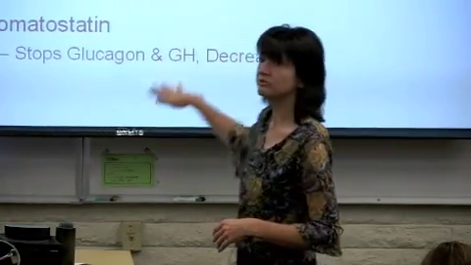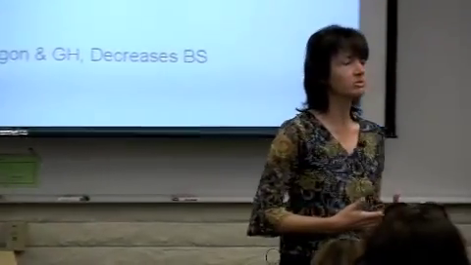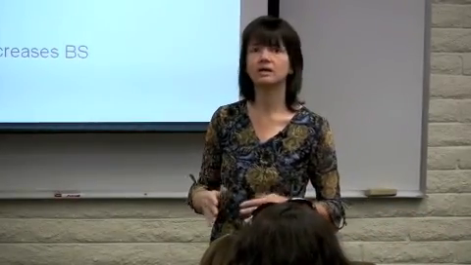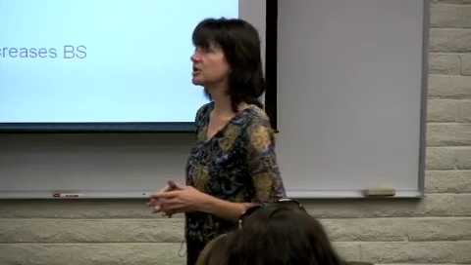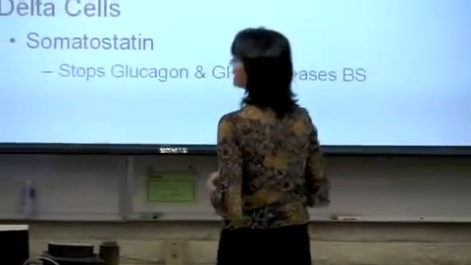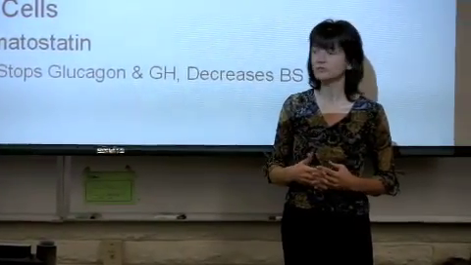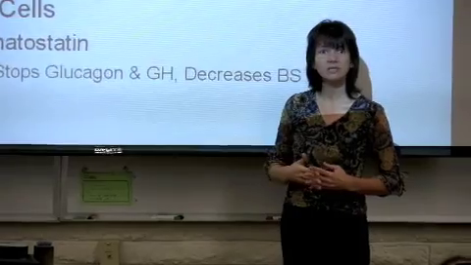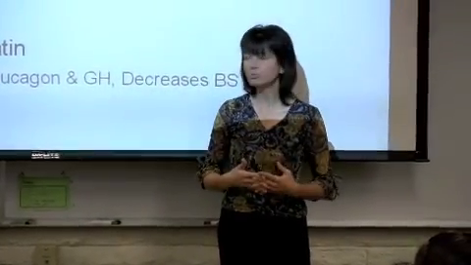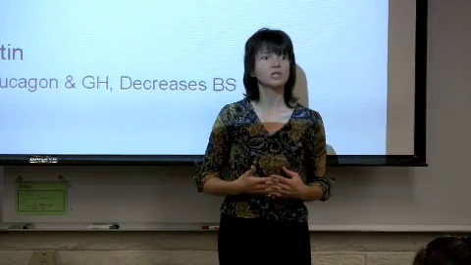So let's go ahead and review what the pancreas does to help us. And I know that everybody remembers that the beta cells make insulin, but the pancreas is involved in more than one way as far as keeping our blood sugar regulated and where it should be. So let's start at the beginning. Your pancreas has not only the beta cells, but it has alpha cells, and I'm not sure if you're familiar with that, but in response to a low blood sugar situation, the alpha cells secrete glucagon.